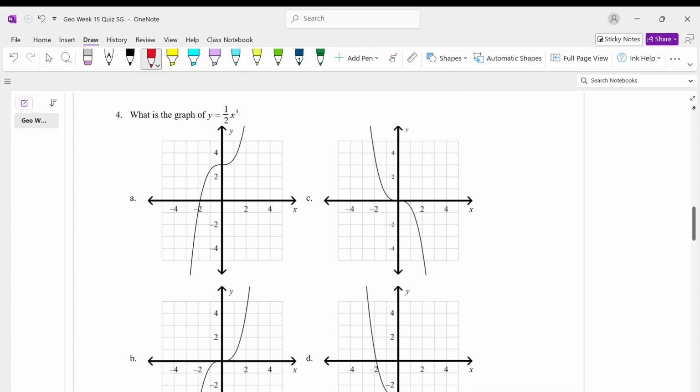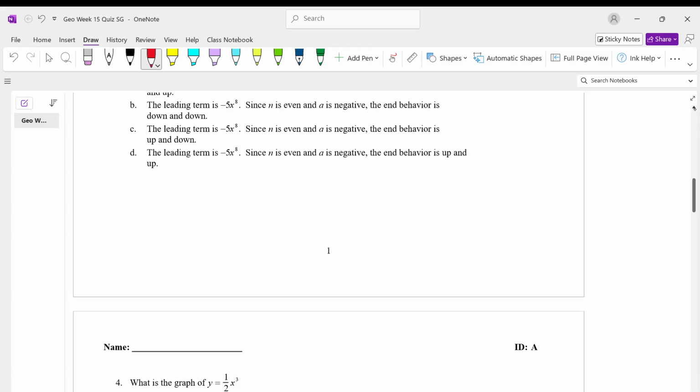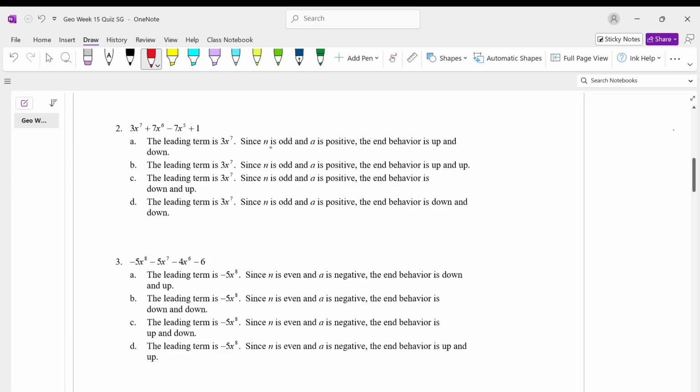Problem number 2. Just make sure that all of your powers are in descending order. All right. And again, here's your leading term, 3x to the 7th. We've got an n, the n is the power.